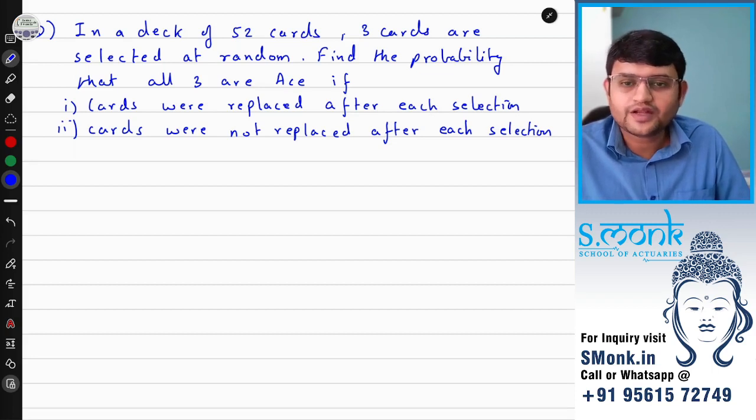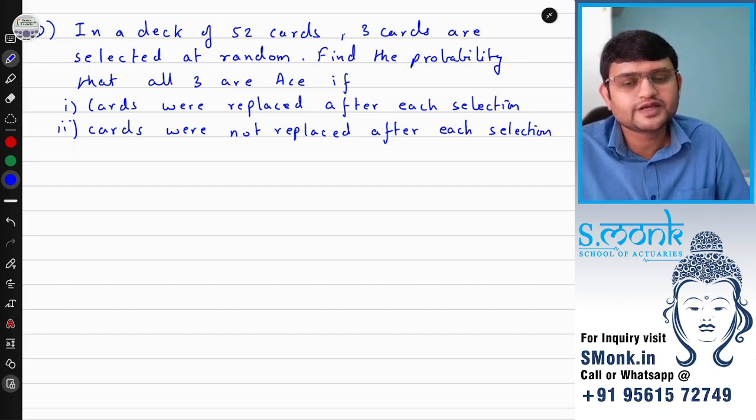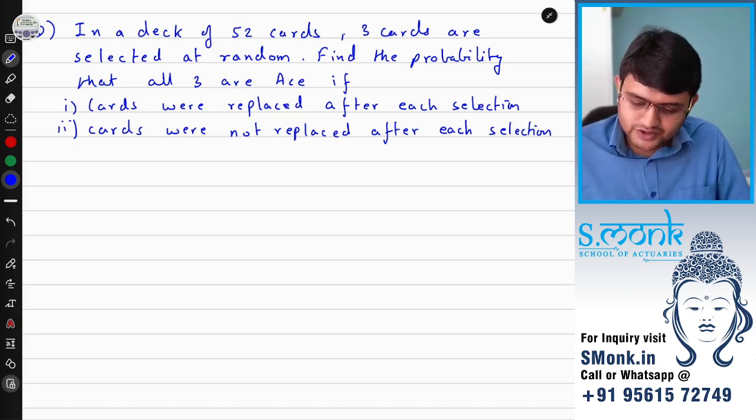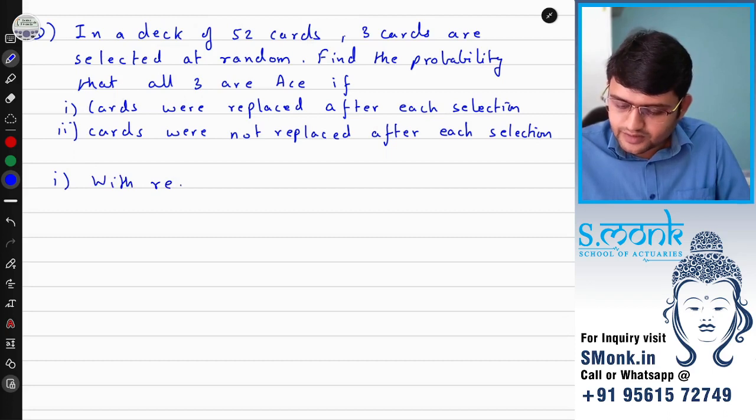Find the probability that all 3 are aces, if first, the cards were replaced after each selection, and second, the cards were not replaced after each selection. So for the first part, with replacement, that means they are independent.